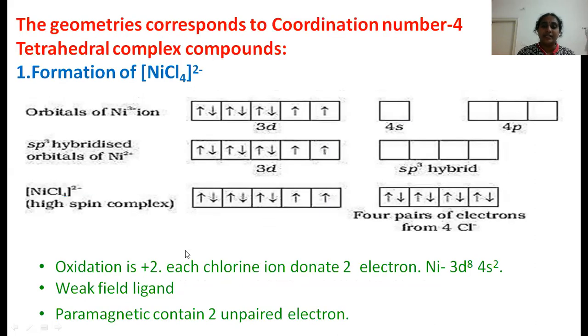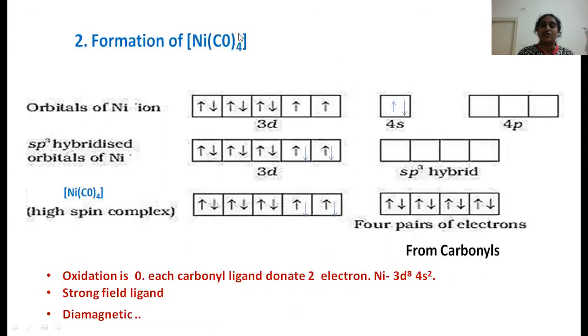Earlier, in the previous example, the final complex had orbitals with single electrons, hence it is a paramagnetic complex. Also there it was a weak ligand, so no pairing of electrons takes place, whereas here it is a strong ligand. In the presence of the strong ligand, pairing of electrons takes place, and no single electron is present in any orbital, hence it is diamagnetic.